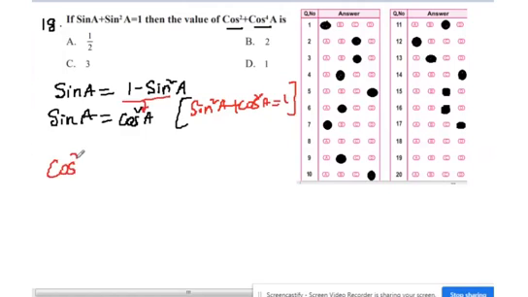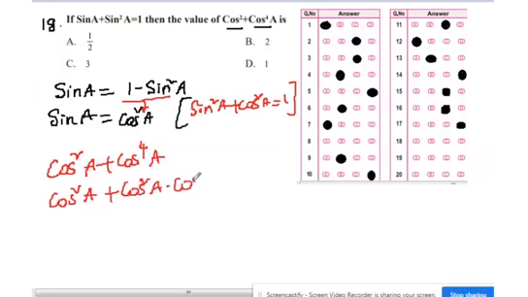They are asking to find the value of cos square A plus cos to the power of 4A. I am writing cos to the power of 4A as cos square A into cos square A. Cos square A into cos square A value is nothing but cos to the power of 4A.